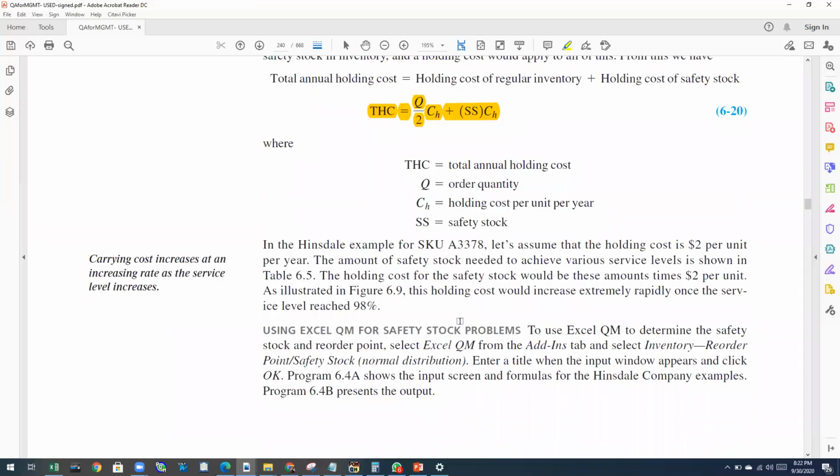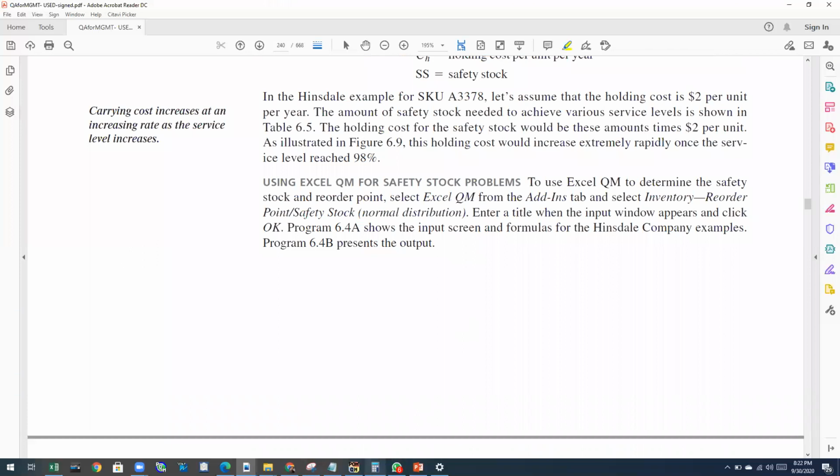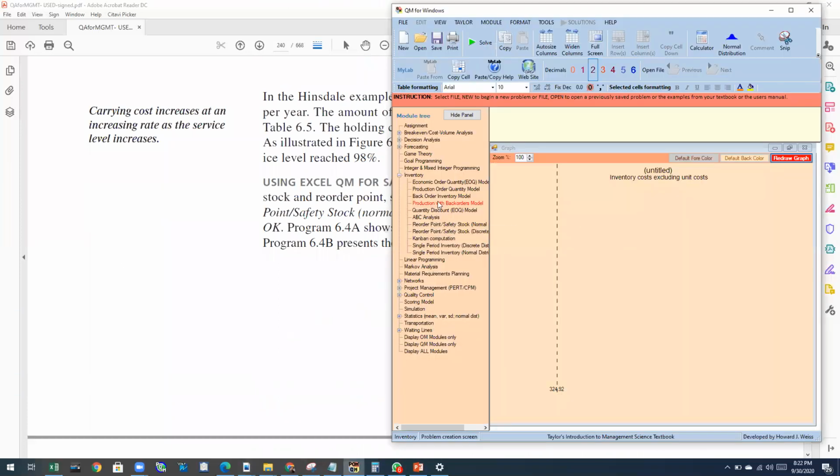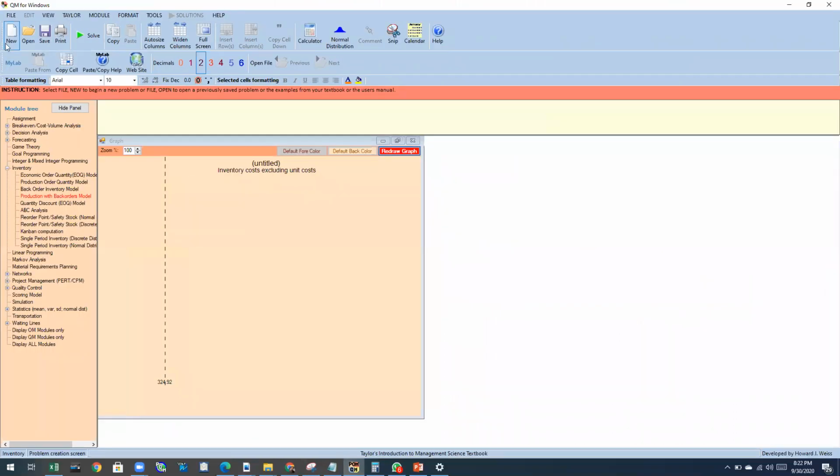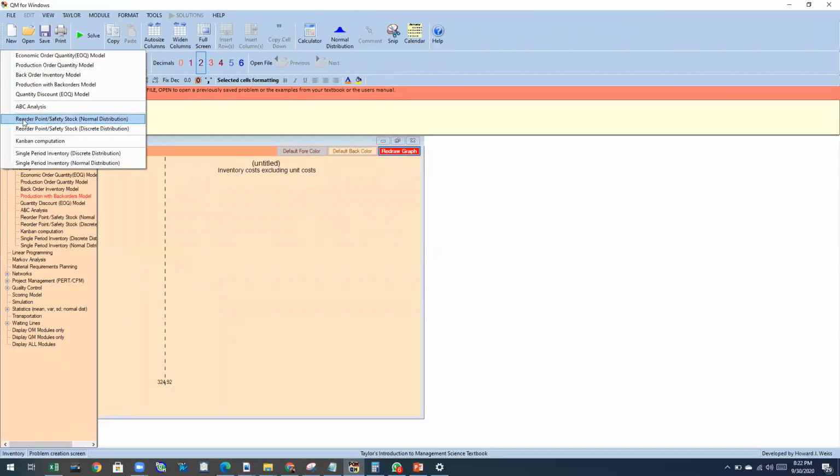Okay, let me show you how we can use POMQM to calculate reorder point. Okay, so I'm going to click new, and here I have an option.